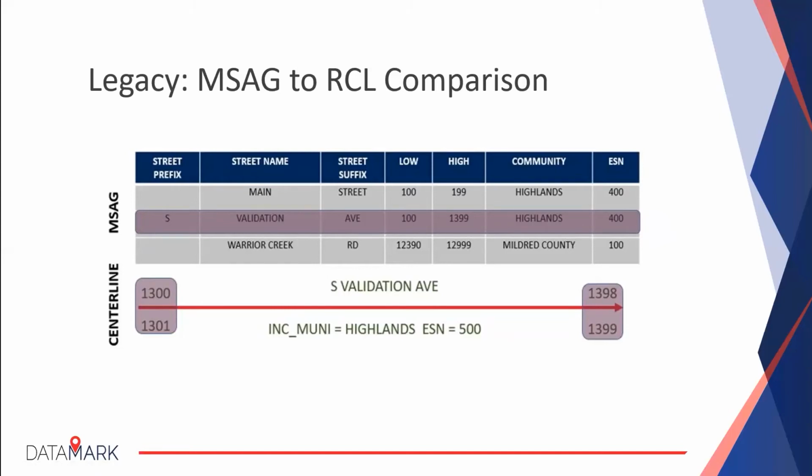Now, the ALI and MSAG to road centerline or site structure address point comparisons, actually per one of NENA's older documents, the standard is numbered 71501. It's called Synchronizing GIS Databases with MSAG and ALI. It actually is looking for a 98% or better accuracy when you're comparing your databases.